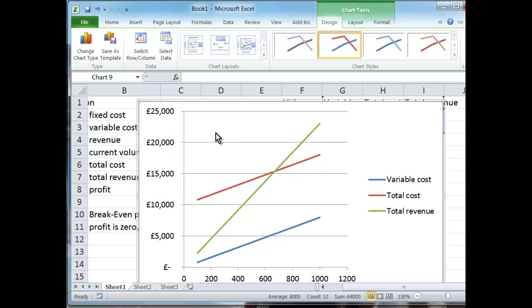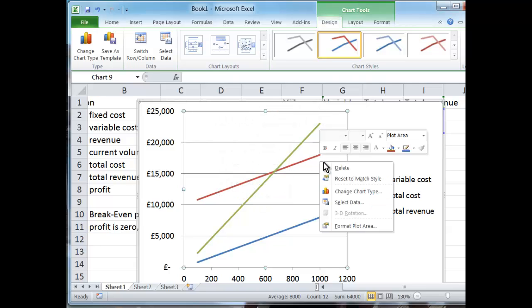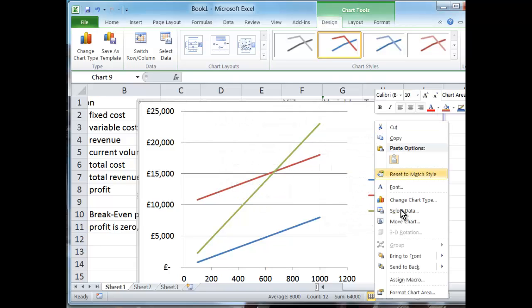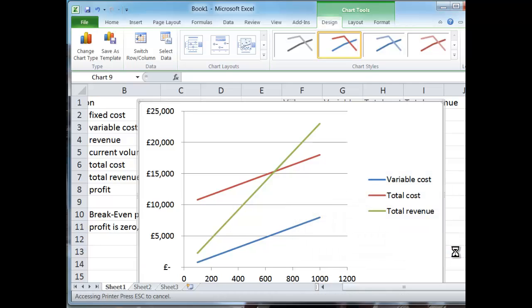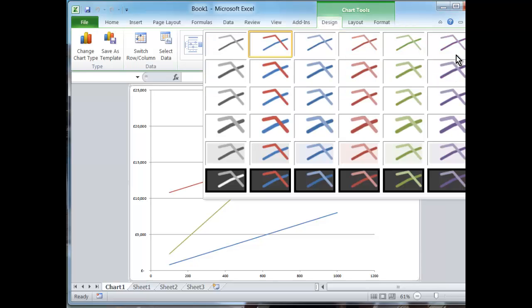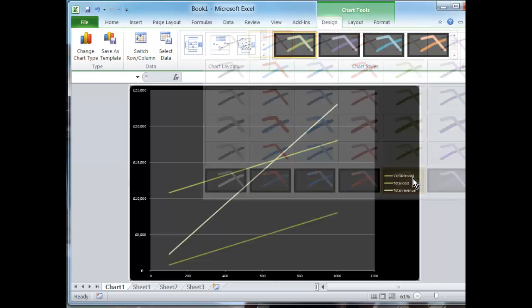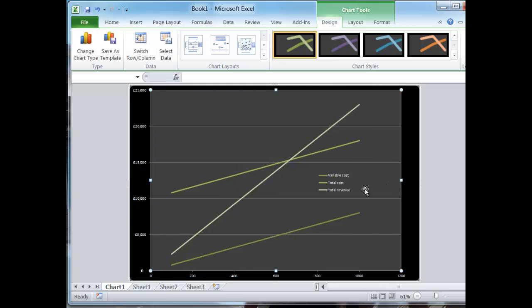I'll just move that graph, the chart, to a own sheet, new sheet. We can see it better. So here we see now we've got a new sheet. Well, it still doesn't look that attractive, so we'll just play around with it a little bit. Make it a little bit better.